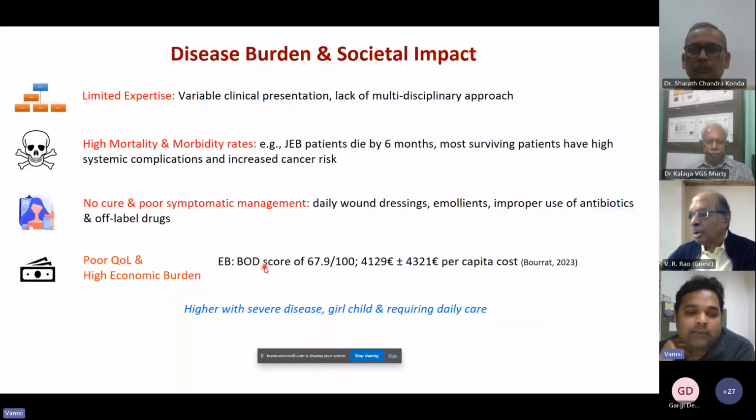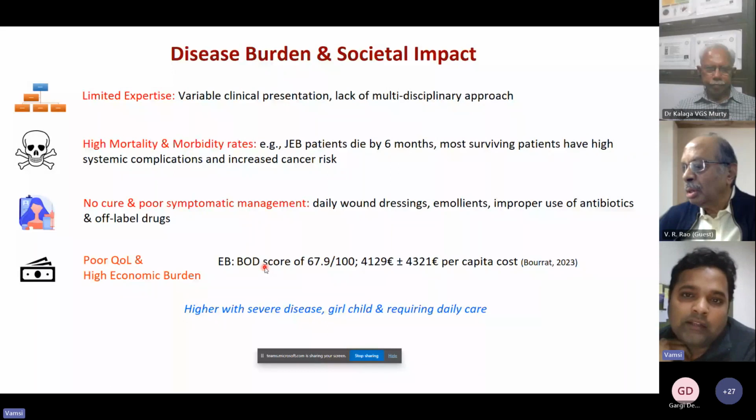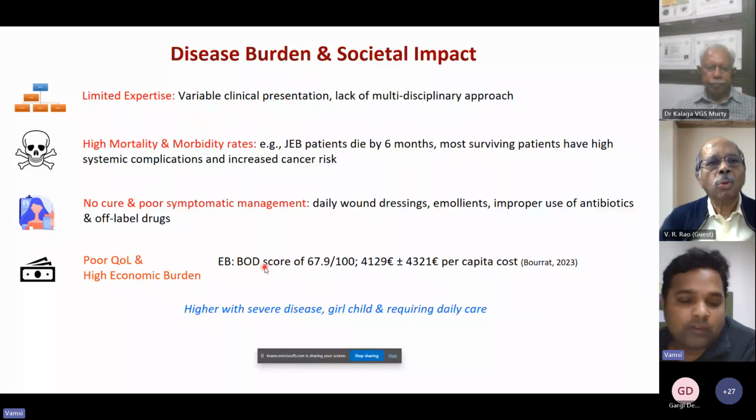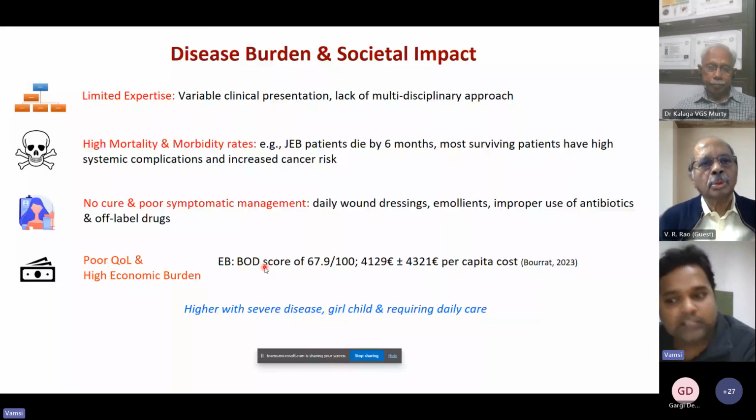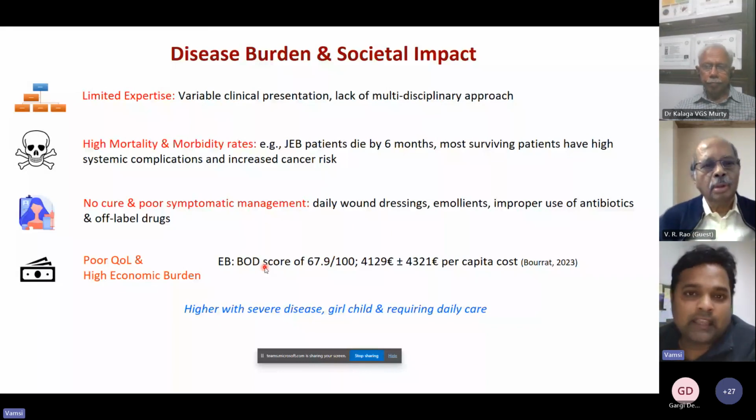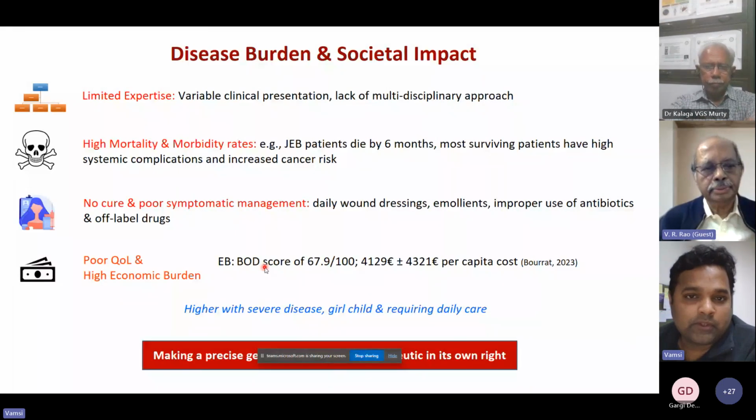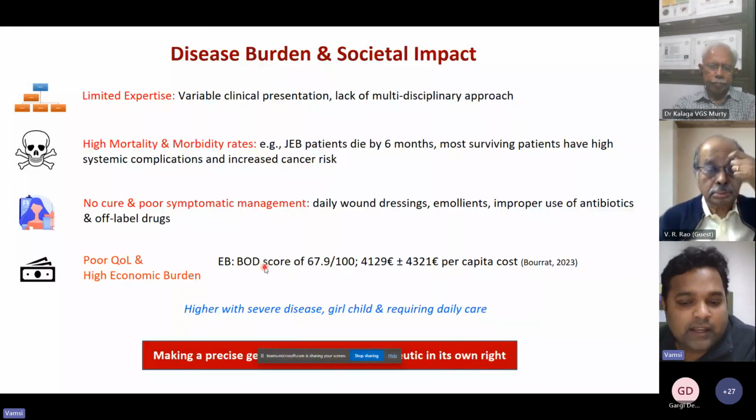There are certain leads that have already been developed, but until then, it is mostly daily management with wound dressings, emollients, and some off-label drugs, leading to a poor quality of life. It is worse with severe disease, especially in girl children, requiring daily care. Hence, for diseases like Epidermolysis bullosa and other genodermatoses, making a precise genetic diagnosis is therapeutic in its own right.